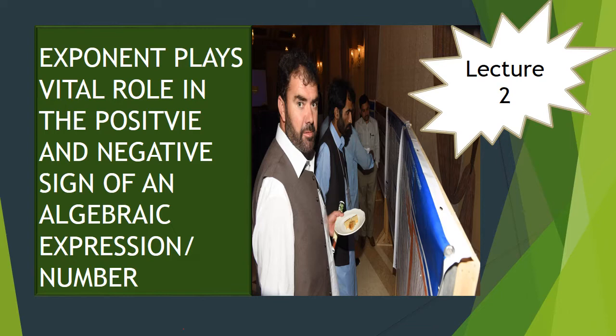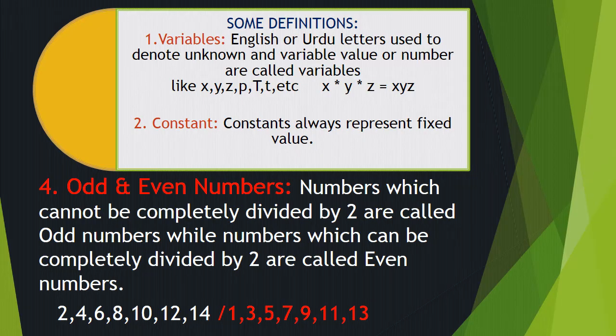So coming to the next slide, before going to start about the algebraic expression, I have to define some of the terms which are used in algebraic expressions. The first one is variable.